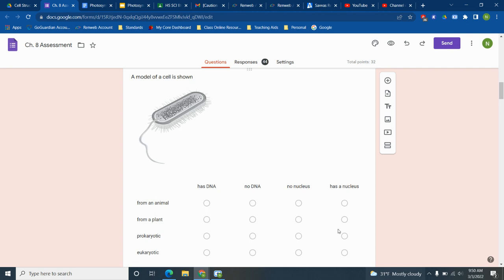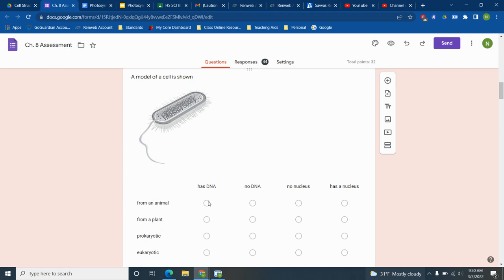For those of you that the too many bubbles threw you off, I don't know how else to have done this question without it. I needed you to have the opportunity to choose whatever cell you wanted with whatever characteristic you wanted. Multiple choice, that's what this one is.